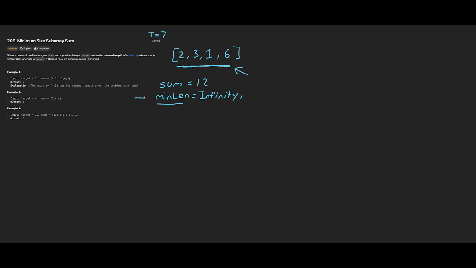Therefore, when we compare min length's current value, which at the beginning is infinity, to the subarray's length, the subarray's length will always be less than infinity, and therefore it allows us to set the first subarray length that has a sum greater than or equal to 7, even if it's not the smallest subarray in the array. Okay, so min length is now equal to 4.